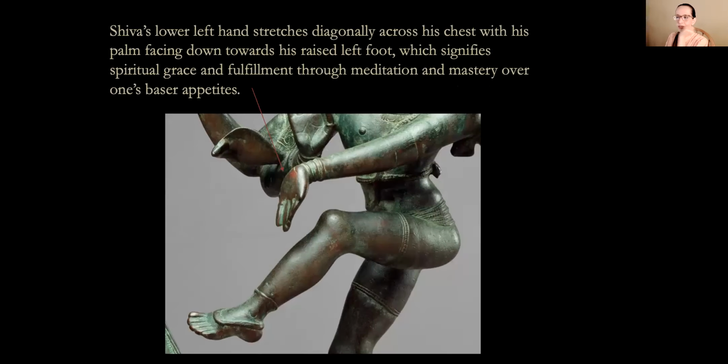Finally, this marvelous hand that crosses over the torso and diagonally across his chest, with his palm facing down toward his raised left foot, which signifies spiritual grace and fulfillment through meditation and mastery over one's baser appetites.